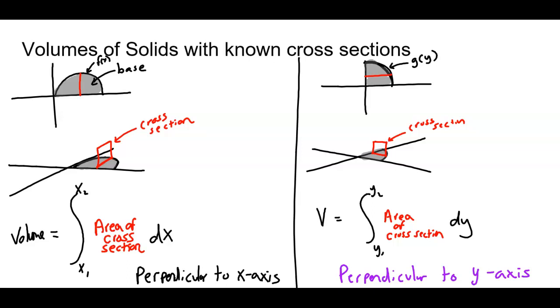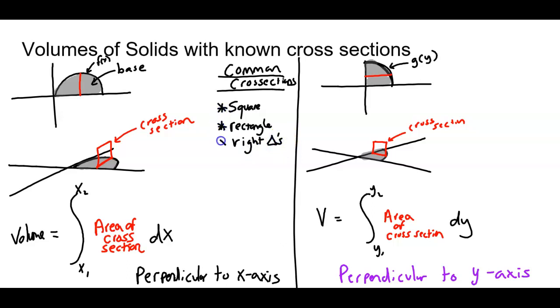Now, the most common types of cross sections that you'll see on the AP exam include the following: you have a square, you have rectangles, and right triangles. They do these ones because these are ones that they expect you to already know how to find the area of.